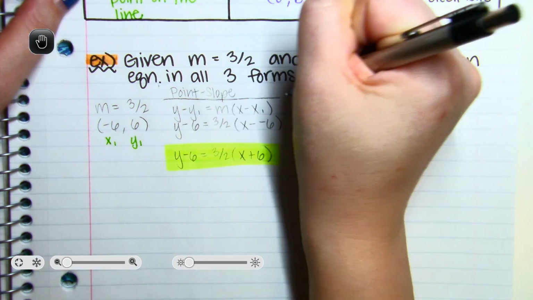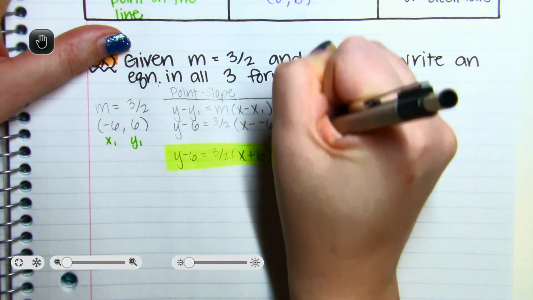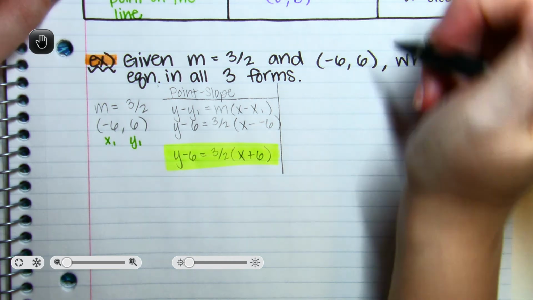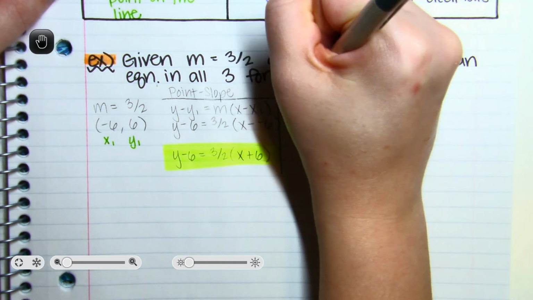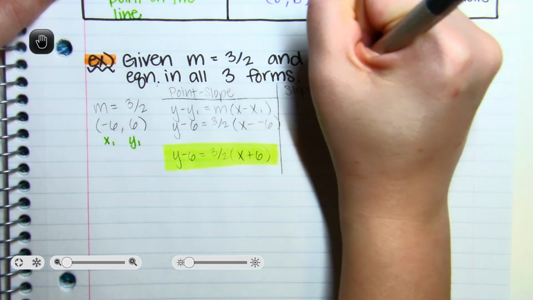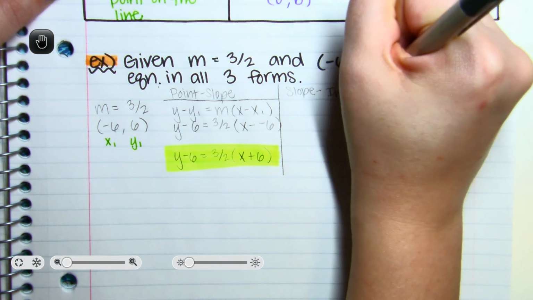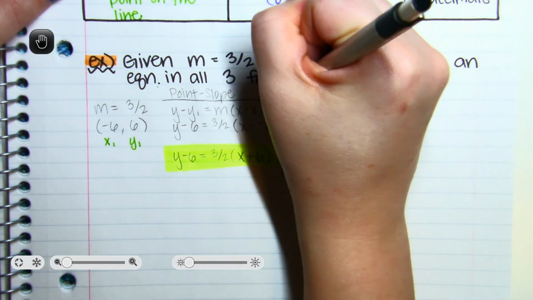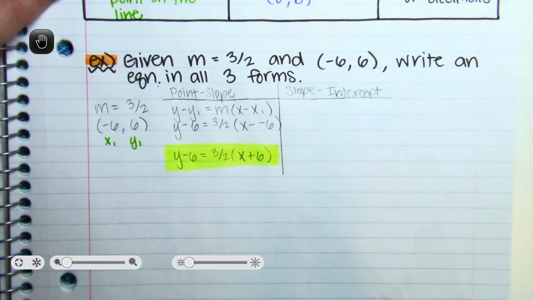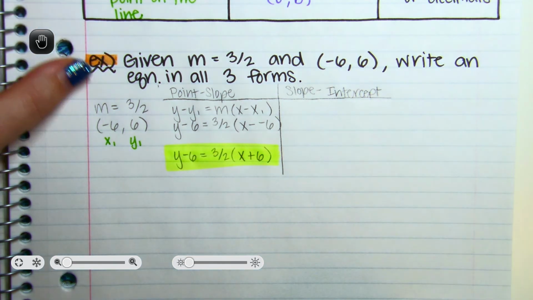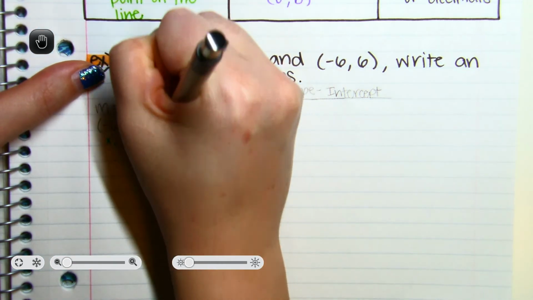All right, let's next convert this over to slope-intercept form. Now, the reason I'm writing out the steps this way is because this is how it's going to be on your handout for your project.